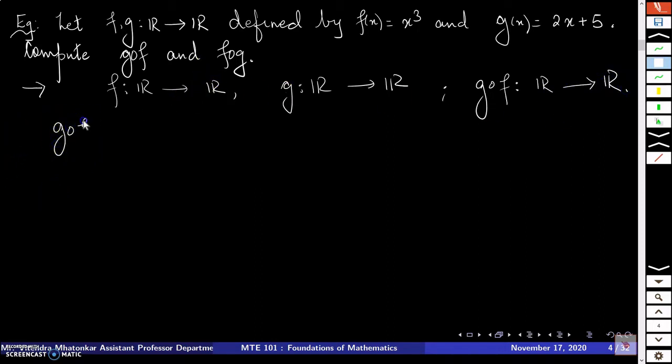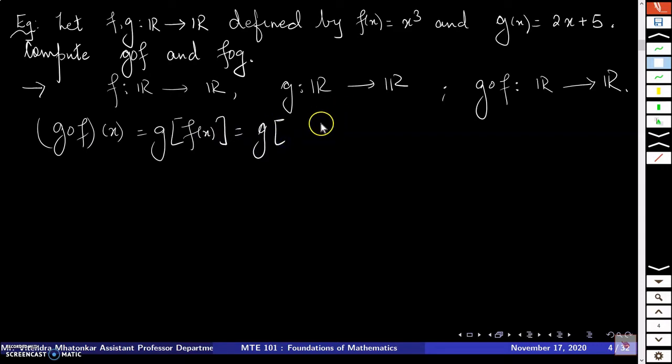So g composite f of x is g of f of x, but f of x is given to be x cube, and g of x is 2x plus 5, so g of x cube will be 2x cube plus 5, and that's g composite f.